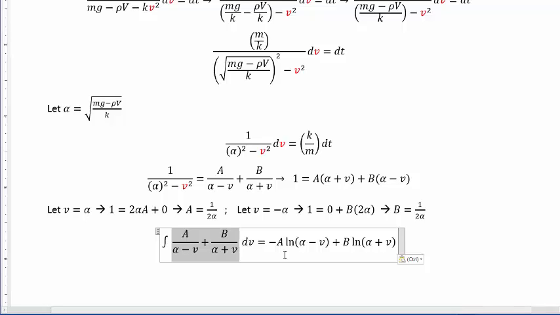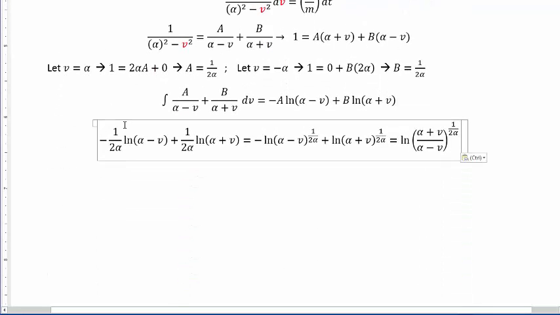So we have negative a ln of alpha minus v, and then plus b times ln of alpha plus v. Now we know what a is equal to, and we know what b is equal to, so we can just replace those values with the 1 over 2 alpha, and then just for convenience, maybe we might want to combine it into the ln function.